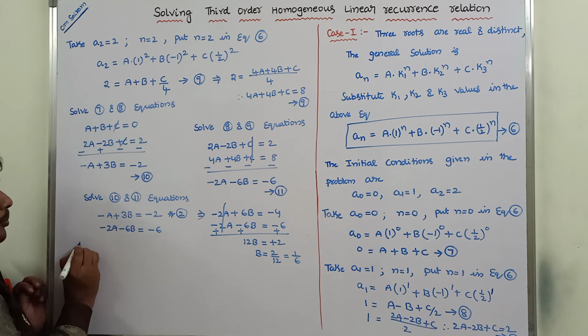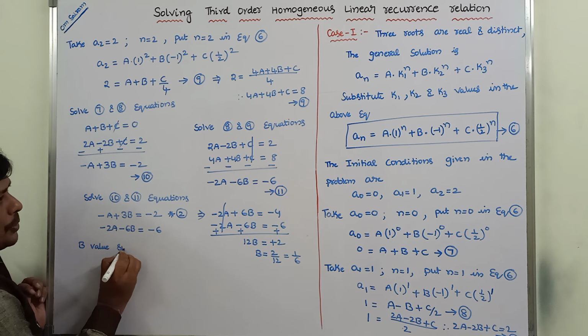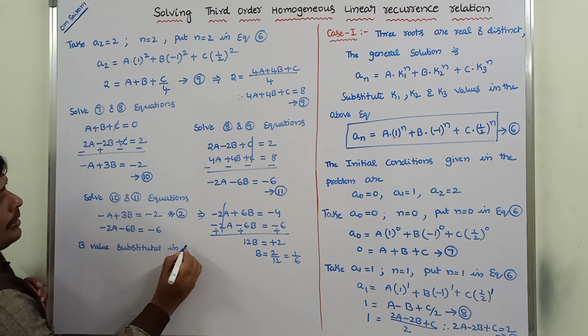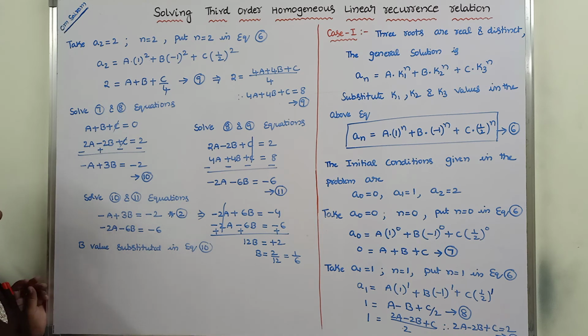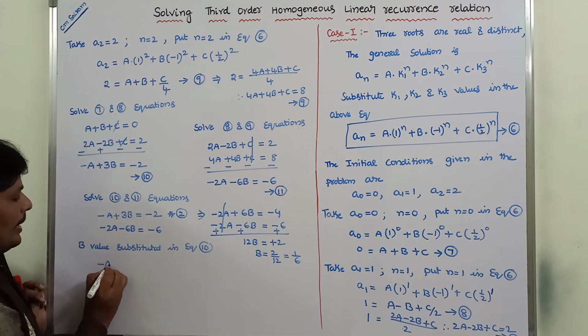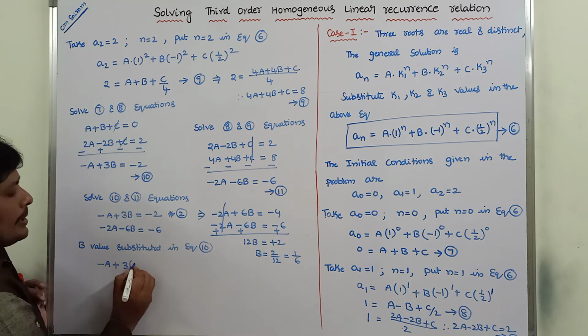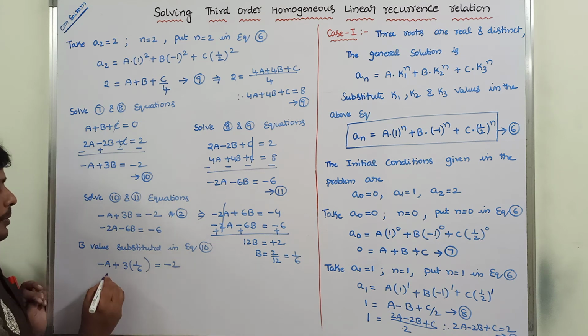So B value substituted in equation 10. So minus A plus 3 into B value, which is 1 by 6, is equal to minus 2.